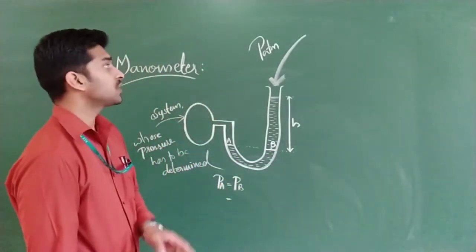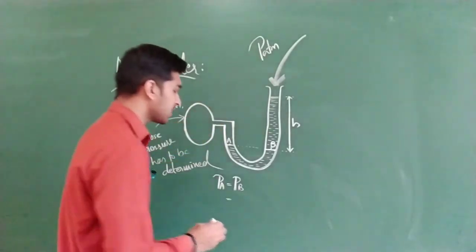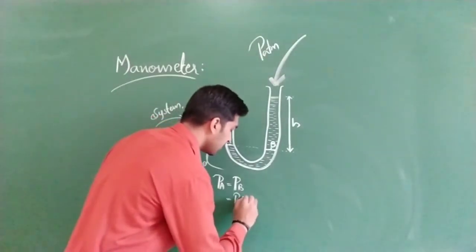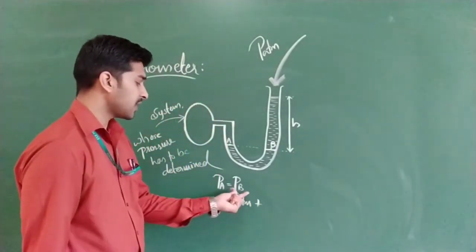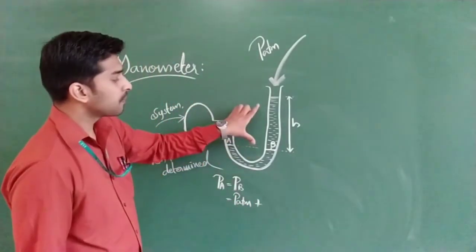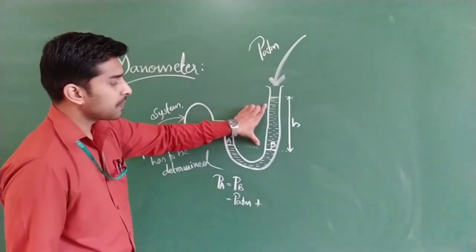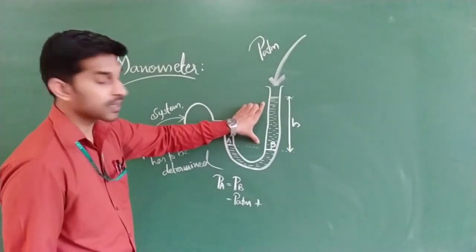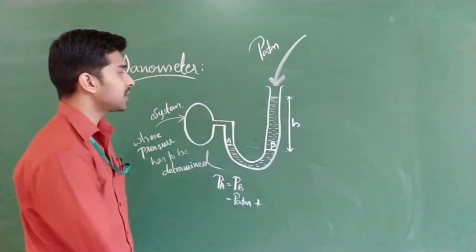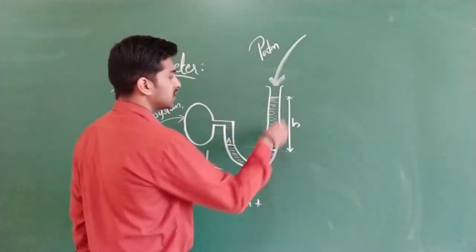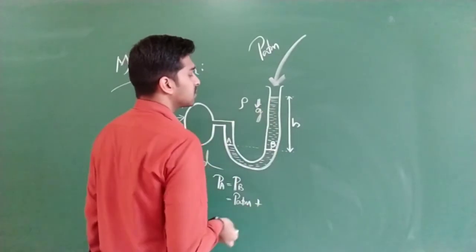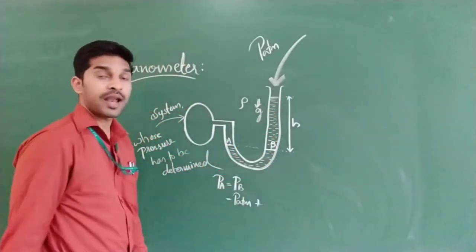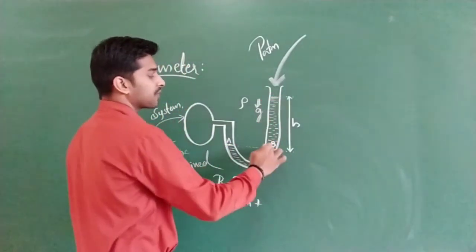First of all, atmospheric pressure is acting here. It is nothing but P atm plus the pressure due to this liquid column. Let us take the density of this liquid as rho and the acceleration due to gravity as g. So what will be the pressure acting due to this liquid column?